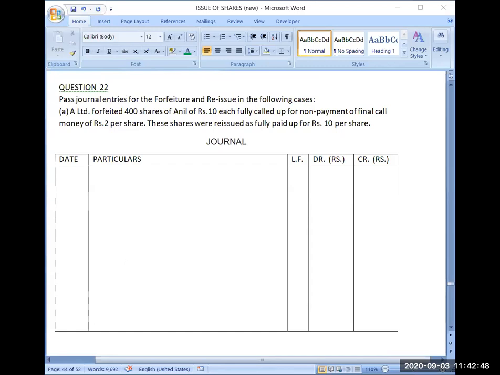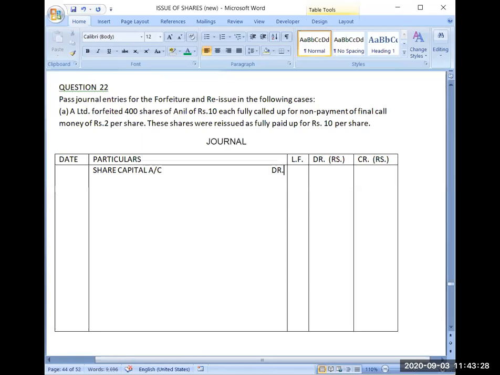So see the question now. A Limited forfeited 400 shares of Anil of rupees 10 each, fully called up. It is clearly mentioned in the question that this share is fully called up, and because I am forfeiting this share, it will be share capital account debit.